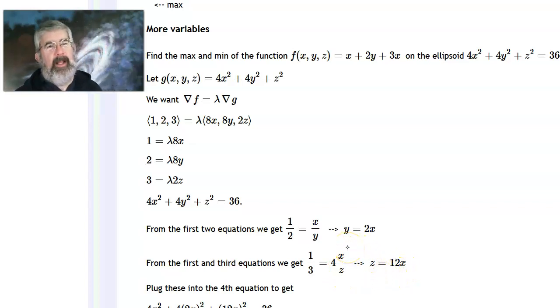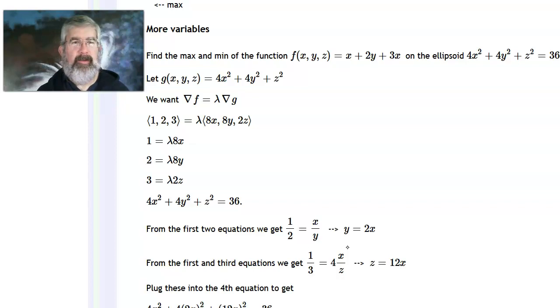One of the reasons I like Lagrange multipliers as a method for working on the boundaries is that before you even get what the particular values of x, y, and z are, you usually get a nice relationship, right? In the previous one, we could see that x squared equals y squared, so x was plus or minus y. Here I see the relationship that y is twice x and z is 12 times x.